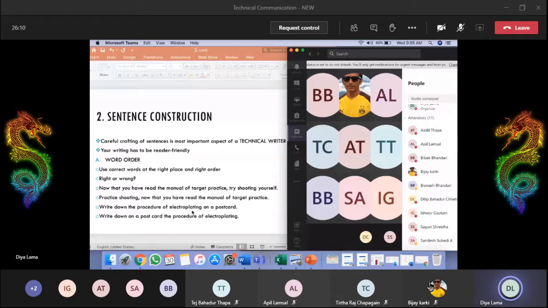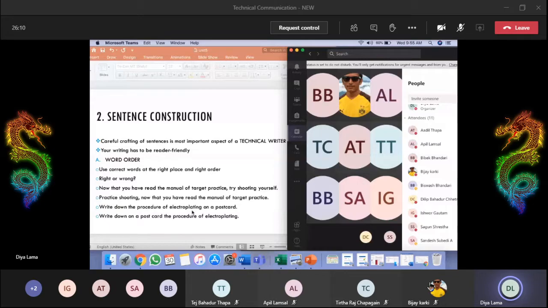The procedure of electroplating. This sentence looks better than the other sentence. Here it clearly says write down on a postcard, whereas the other one says write down the procedure of electroplating on a postcard.